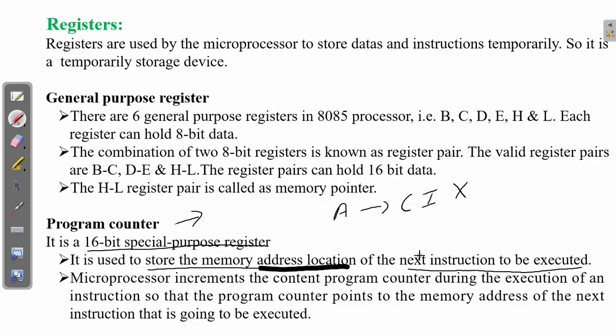Maybe you also might be thinking that it is holding the address of the current instruction. Let me make you understand. I hope a few of you are thinking like that. Yes or no? It is not like that.